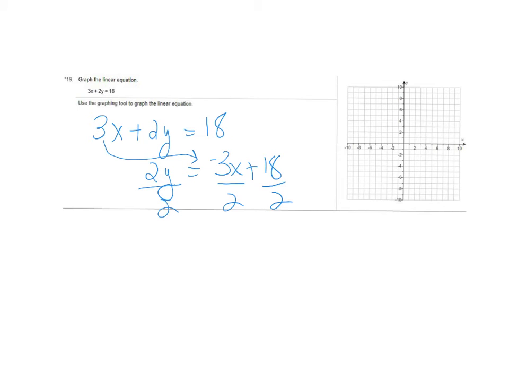When I divide everything by 2, I'm going to get that y is equal to -3/2 x plus 9. And so my intercept is at (0, 9), and my slope is down 3 and over 2. And there is my line.